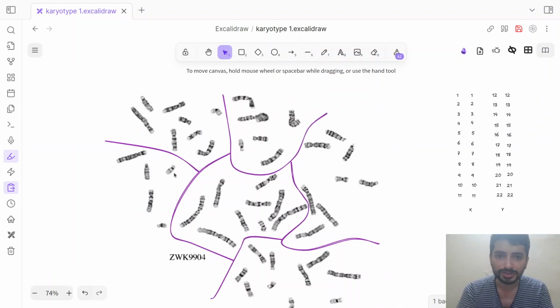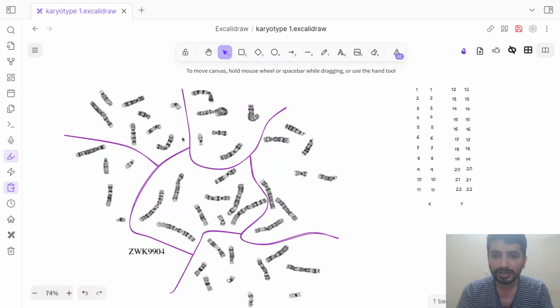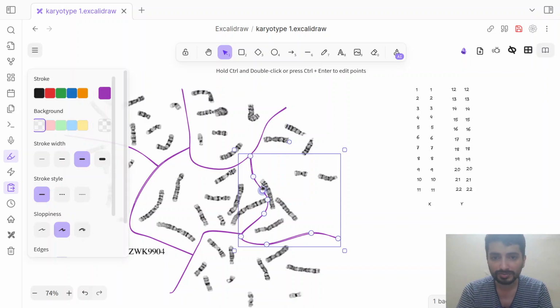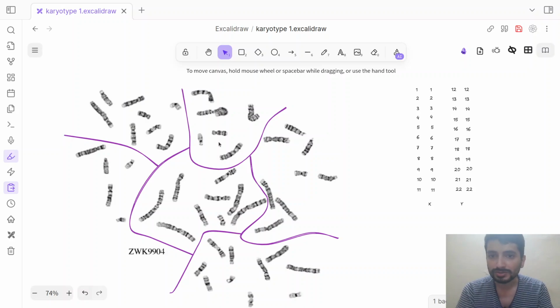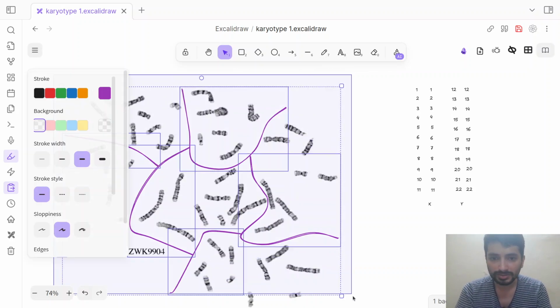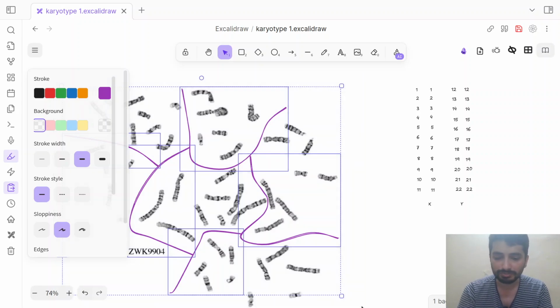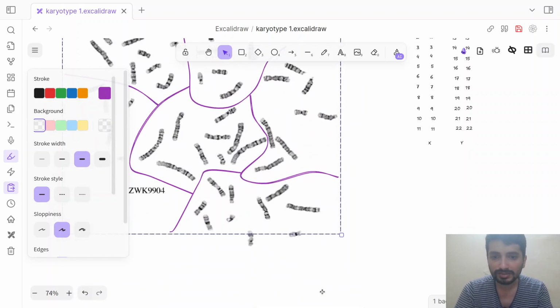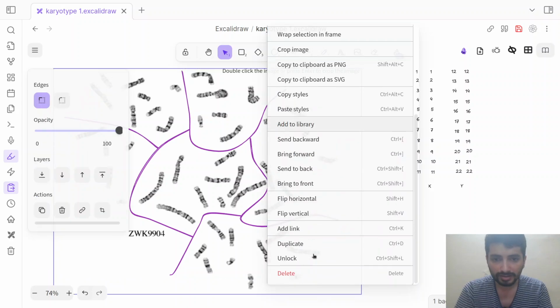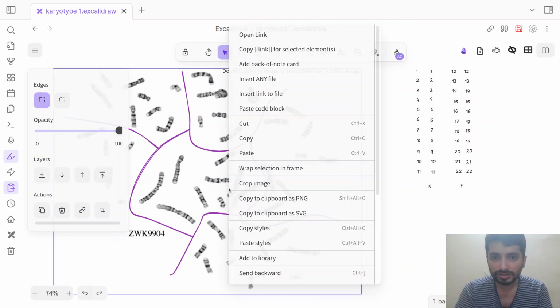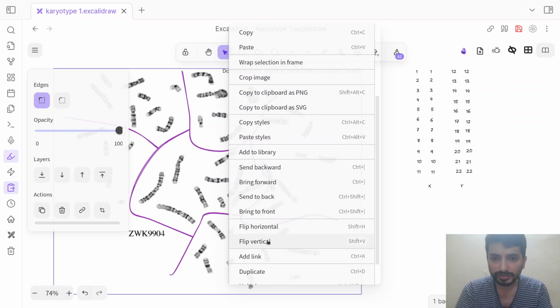You can do it as per your liking, and remember that this is again an object that we have created in Excalidraw. So we need to lock these also in place, otherwise they also will keep moving as we are labeling these chromosomes. Where is lock here?